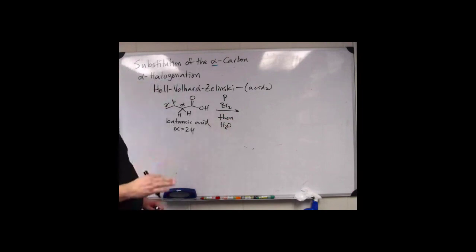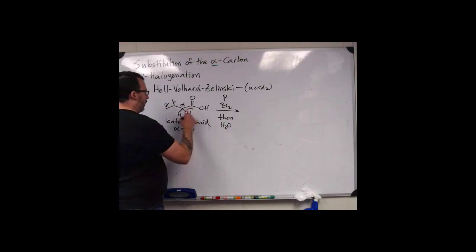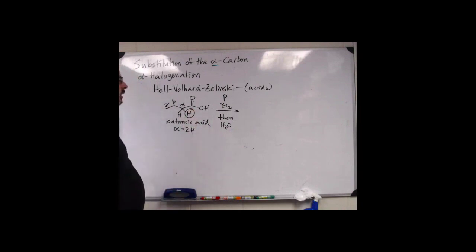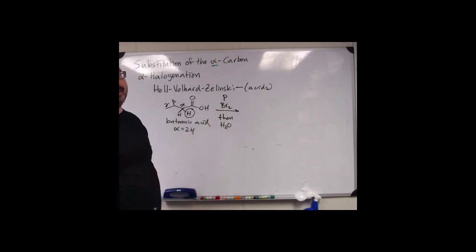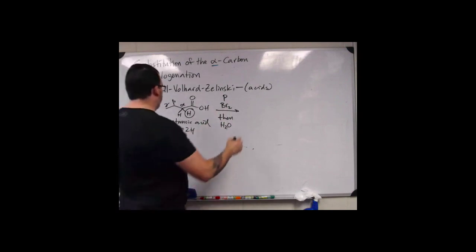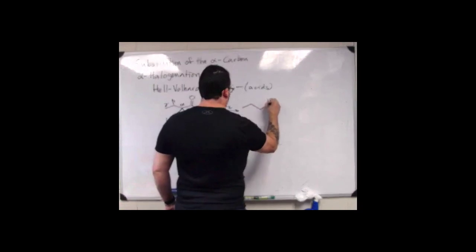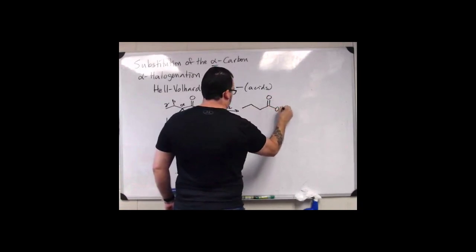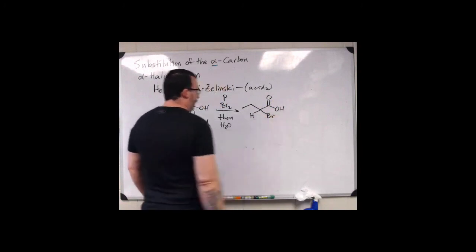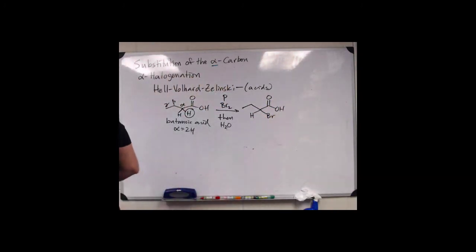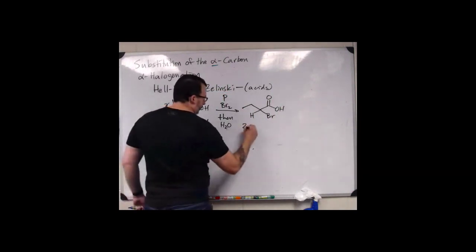So we're substituting an H for a bromine. The phosphorus is there as the acid. That's what forms the enol. So we've formed 2-bromobutanoic acid.